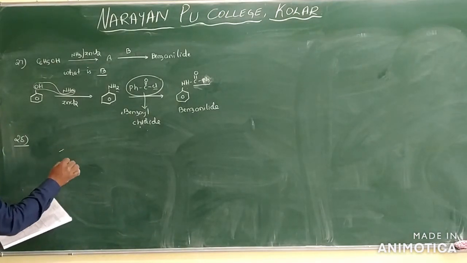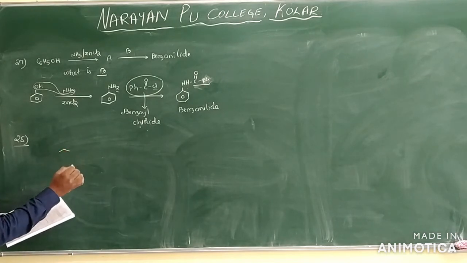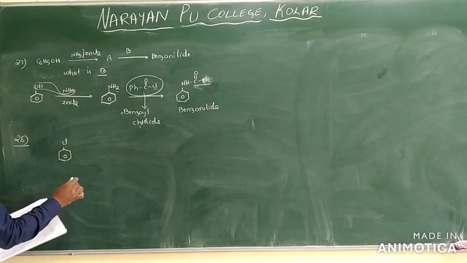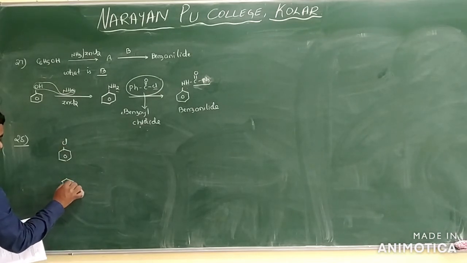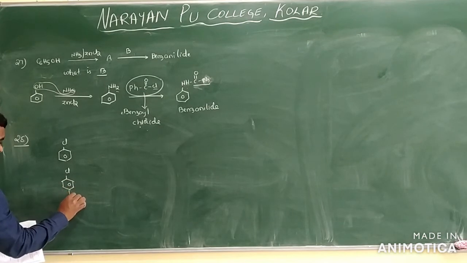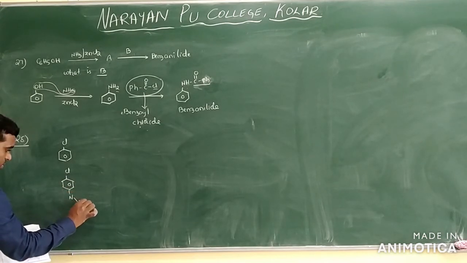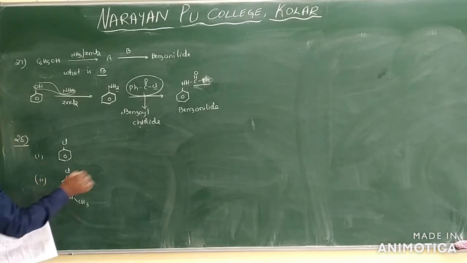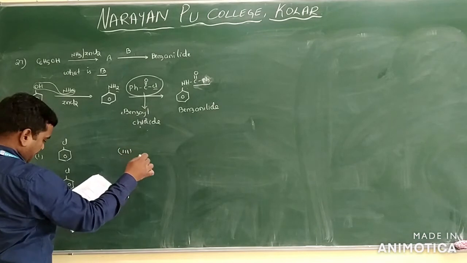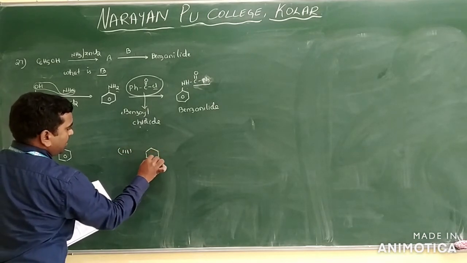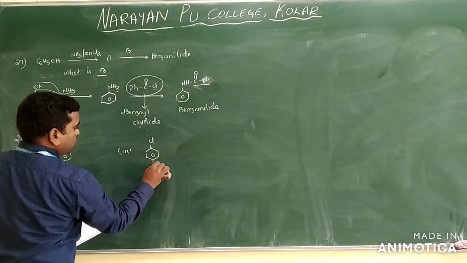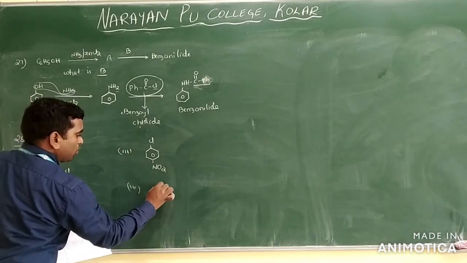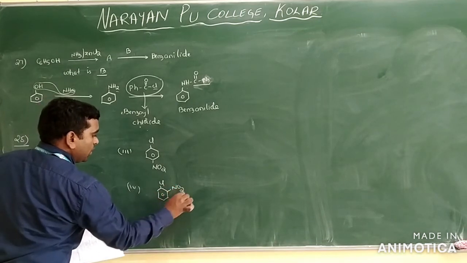The options are chlorobenzene; chlorobenzene with two methyl groups, CH3 and CH3, which is option 2; the third is chlorobenzene with a nitro group, NO2; and the fourth is chlorobenzene with two nitro groups.